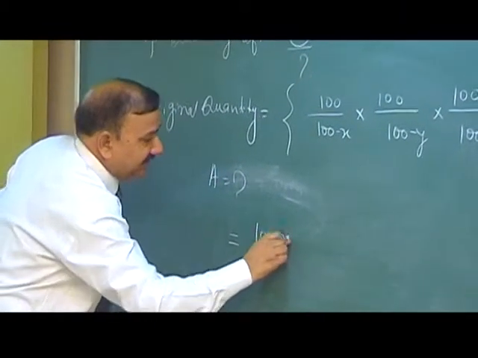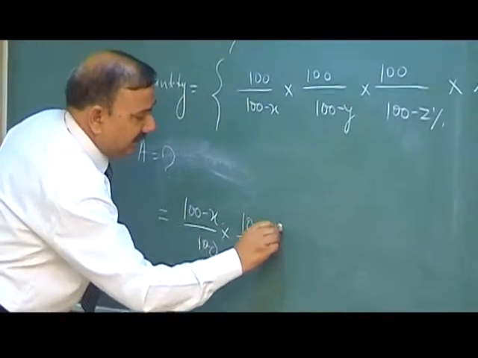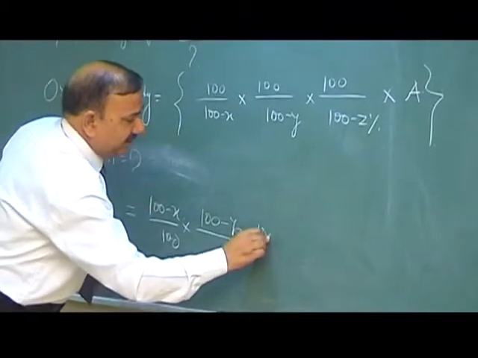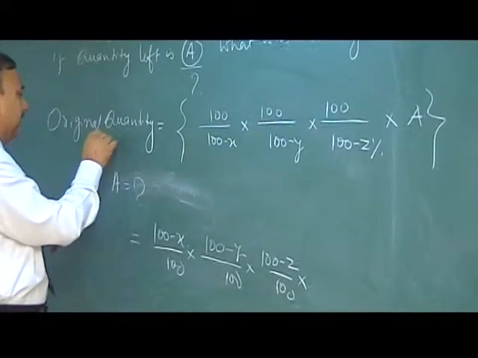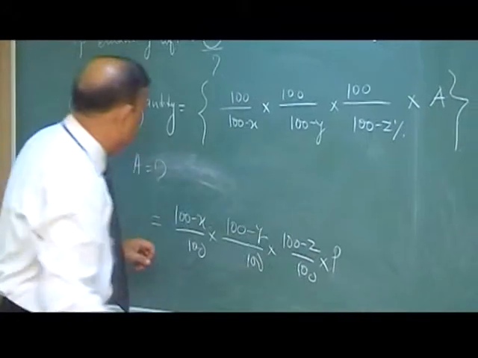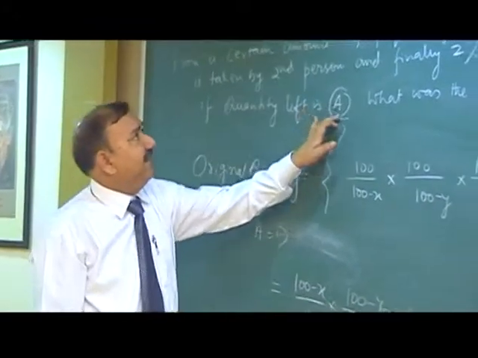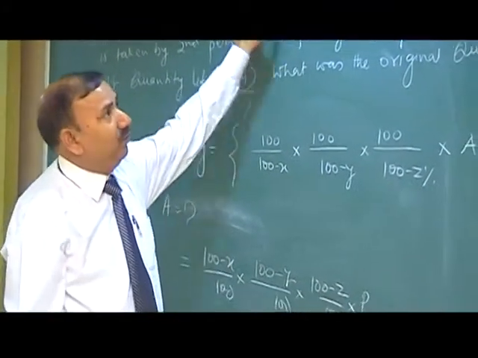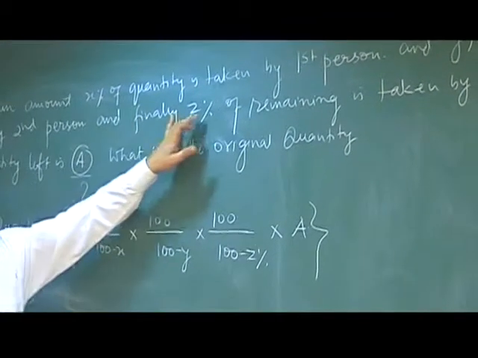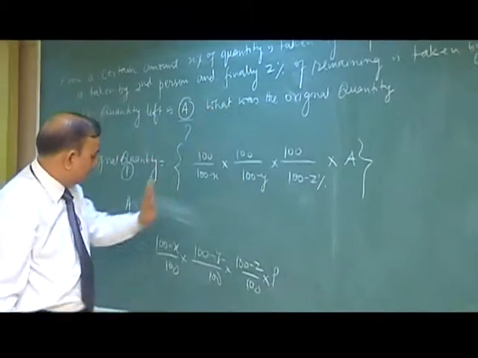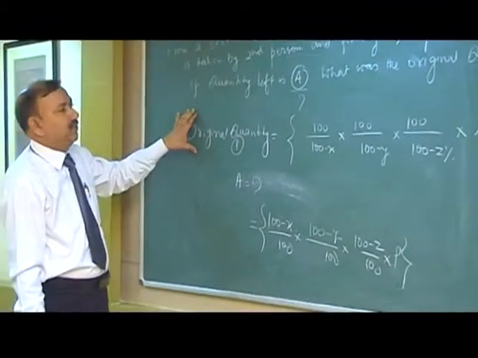We write 100 minus X upon 100, into 100 minus Y upon 100, into 100 minus Z upon 100, into this quantity, which is P. This is the case when the original quantity is given and we ask how much is left after giving X percent to the first person, Y percent of the remaining to the second person, and Z percent of the remaining to the third person. In that case we apply this shortcut technique.